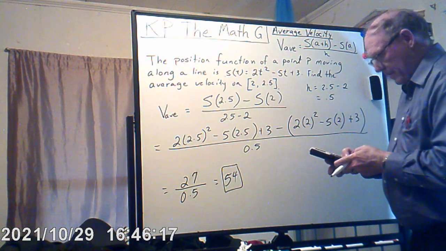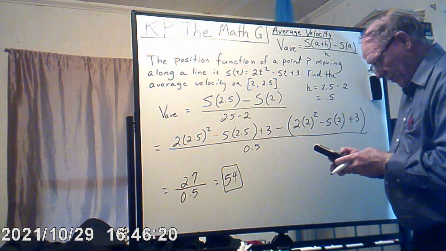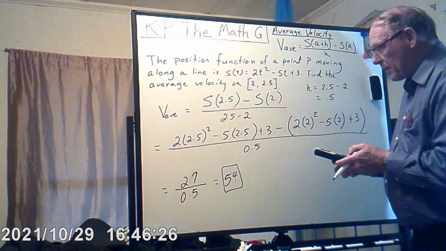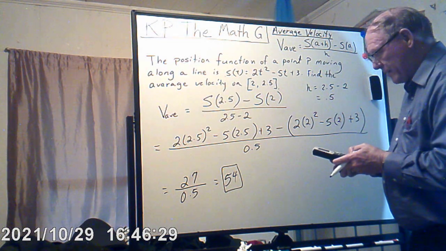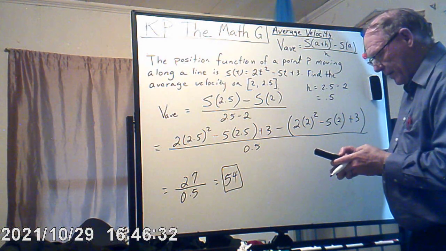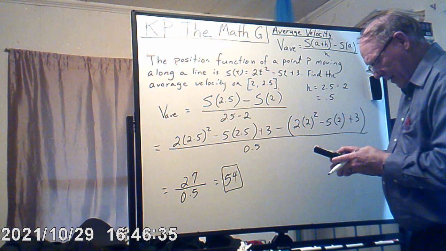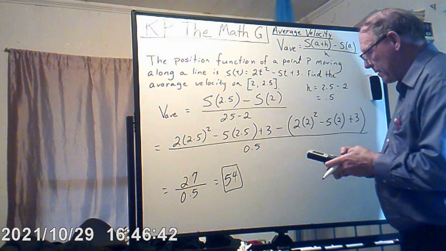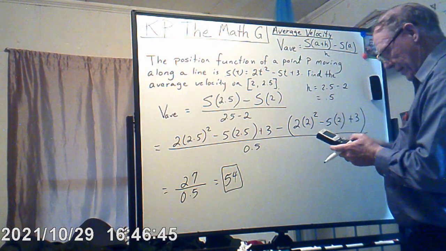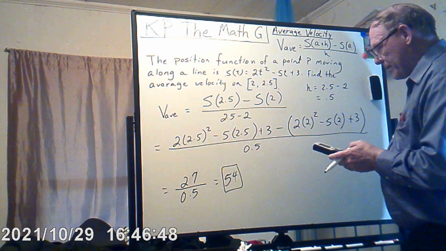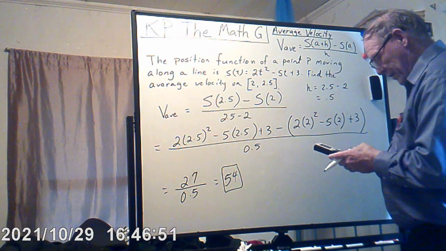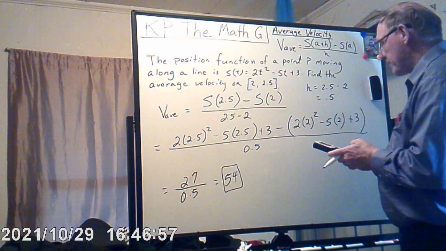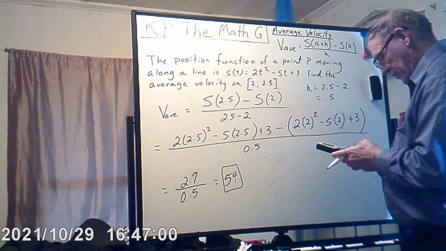2 times 2.5 squared, minus 5 times 2.5, bear with me just a little bit, I like double checking anyway, plus 3, and then of course the minus here, so minus, in parentheses, 2 squared, minus 10 plus 3.